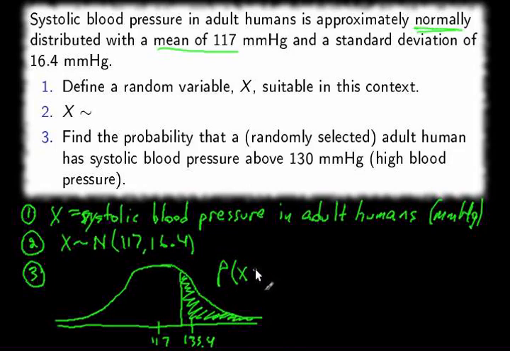and the probability that x is greater than 130, that is the probability that the adult human systolic blood pressure, that's x, is above 130, is represented by this area here, because that's 130, and we're shading to the right. So that's it, according to the picture.